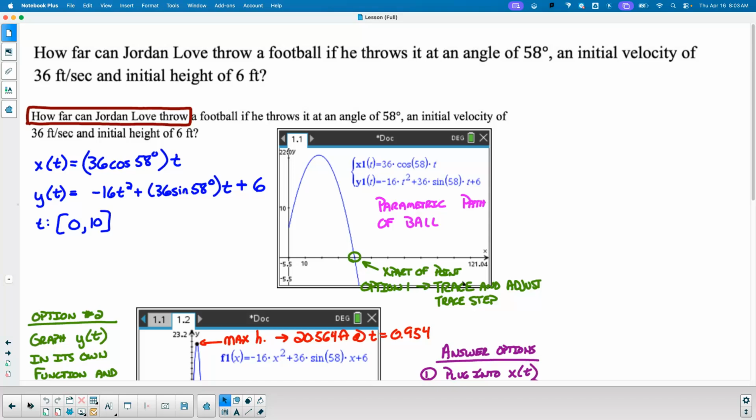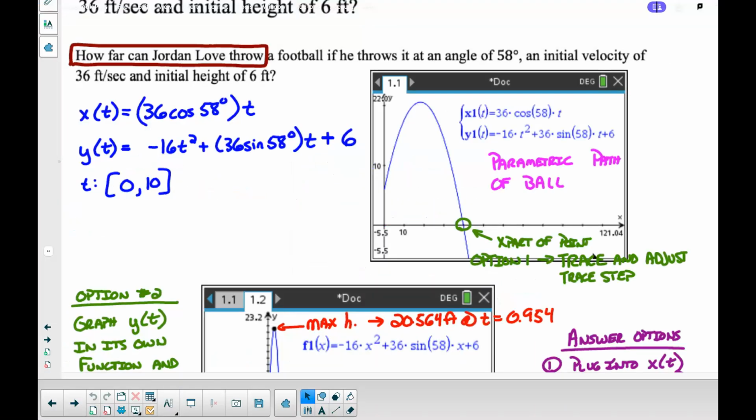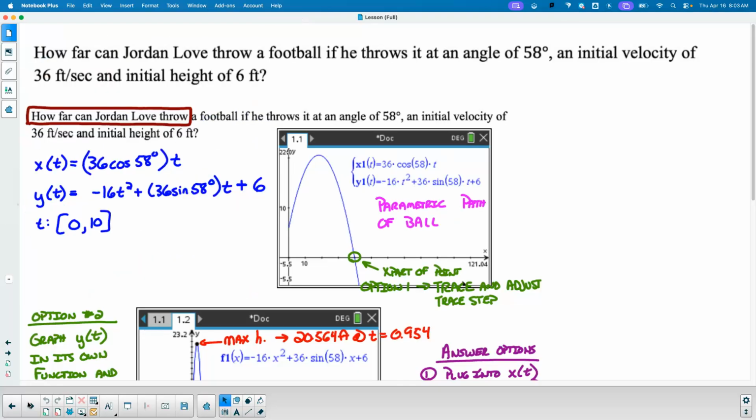Our question way back then, probably all of Tuesday, was, how far can Jordan Love throw the football under these conditions? What we did is we first came up with the blue parametric equation for this scenario.